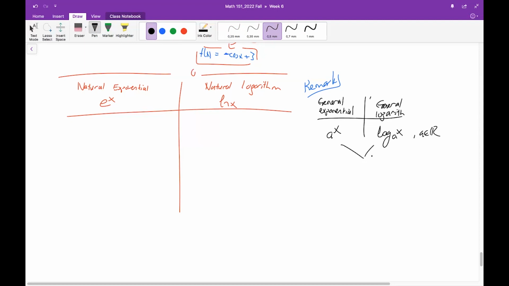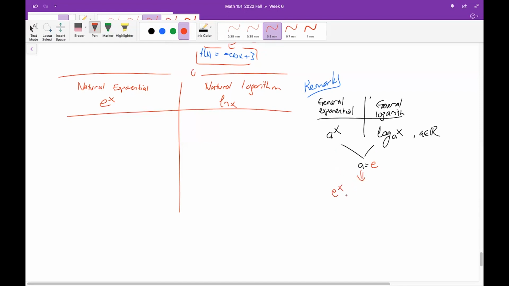If you use this real number a as the special number e, you know this number, right? It is around 2.7. So if you choose a as the special number e, then these general exponential and general logarithm functions become your natural exponential and natural logarithm functions.